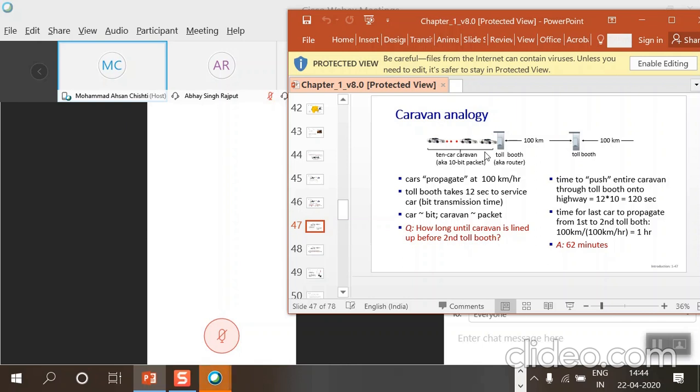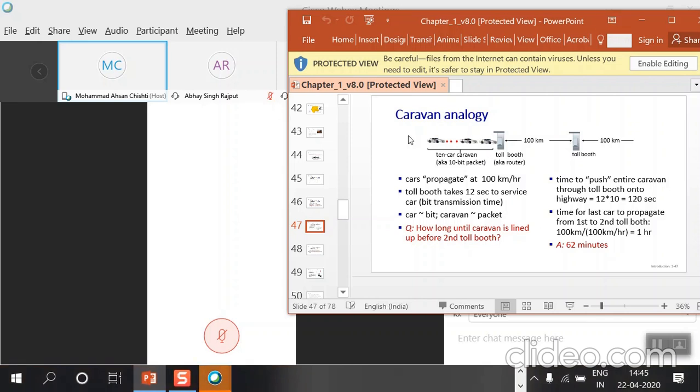Okay. Now moving on to the second part of it, which is packet loss. So we have this topic as internet delays and packet loss. What is this packet loss? Let's go back to the whiteboard.